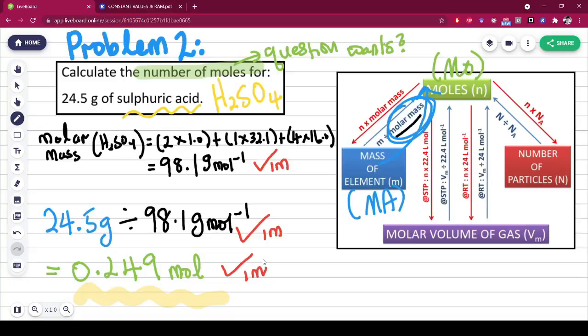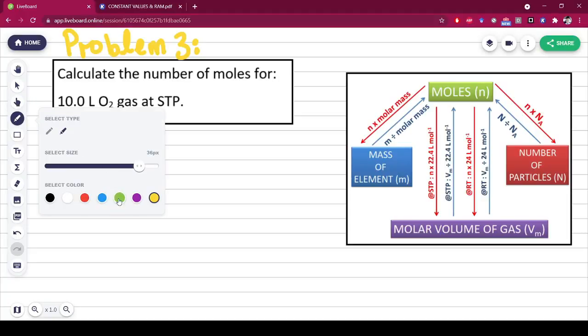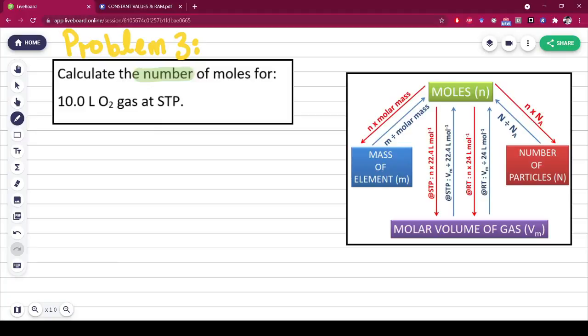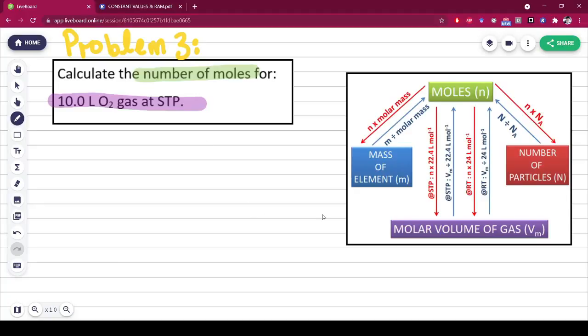Now let's move on to problem number 3. So this one right now, we're going to start from the molar volume of gas. You can see that the question still wants you to find the same thing. You need to find the number of mole, and what is given to you is the molar volume of gas.